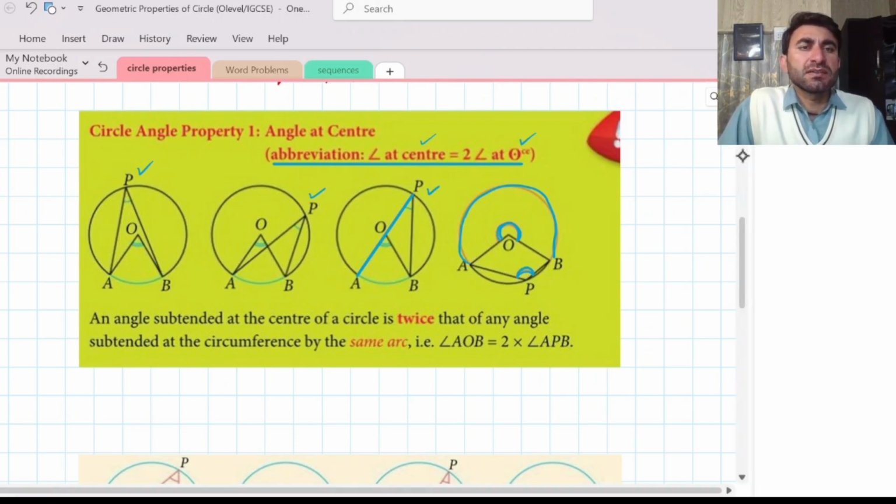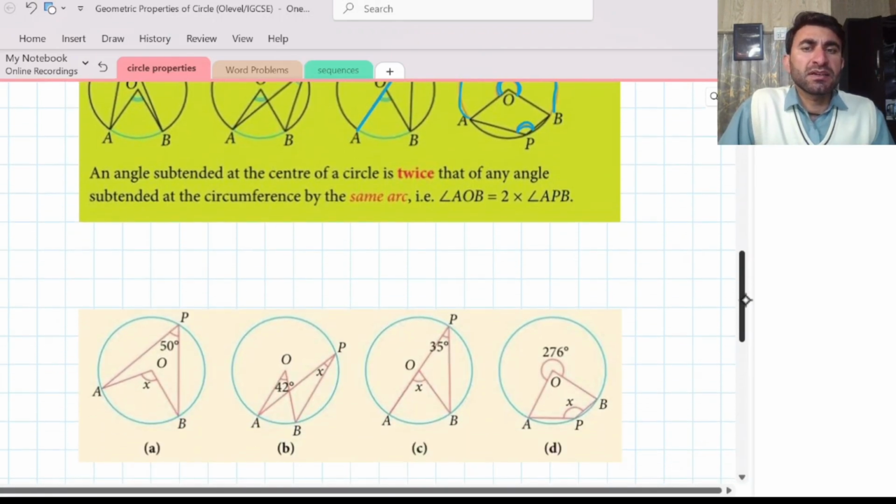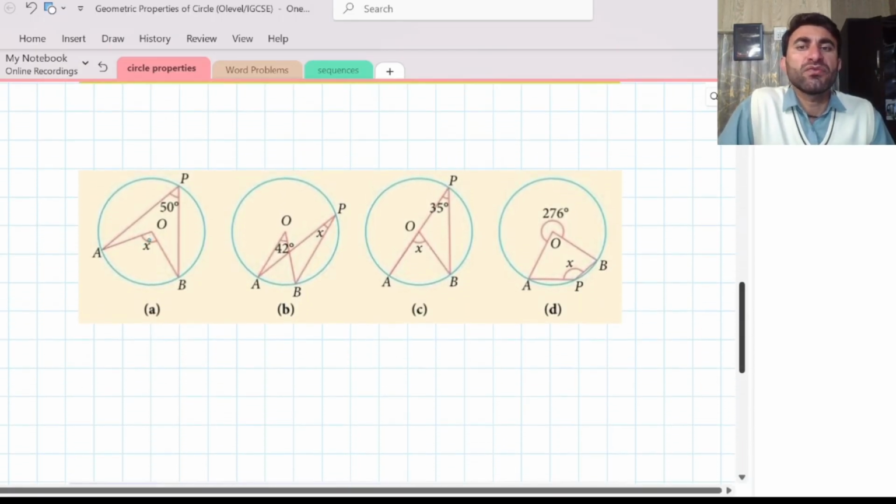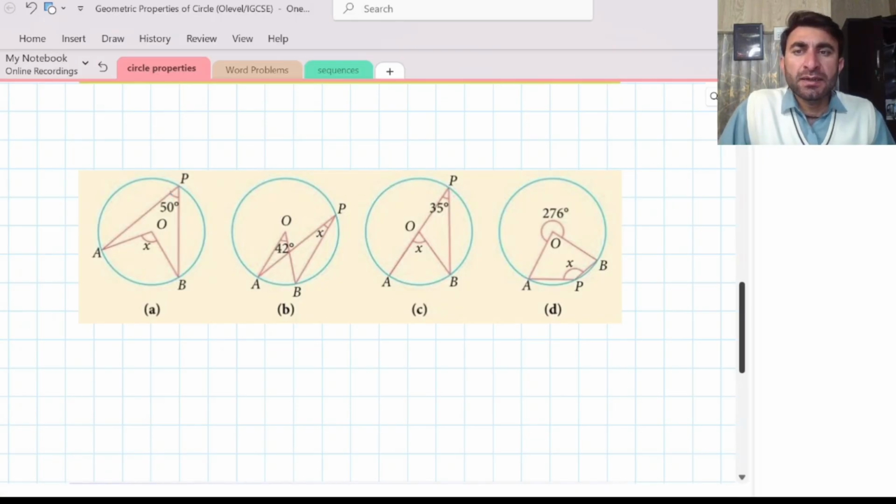Now let us discuss a few examples. Like we can see in this diagram, we are to find the value of x in all four parts. So here we can see that angle at the circumference is subtended by the arc AB, and if it is 50, then the angle subtended by the same arc at the center must be 2 times that. So it will be 100 degrees.